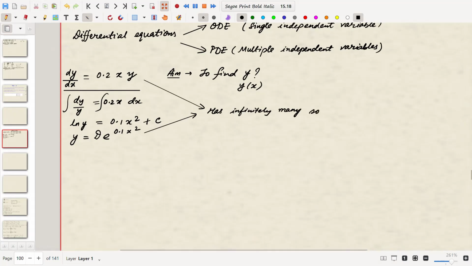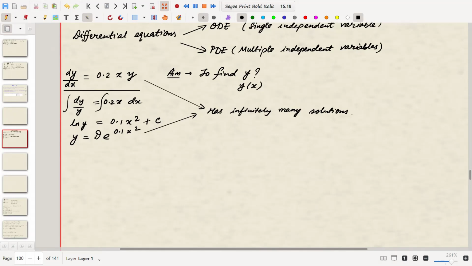Many of you might be confused because in many other books it may be written differently, like x square by 2. But y equals d e to the power 0.1 x square has infinitely many solutions.